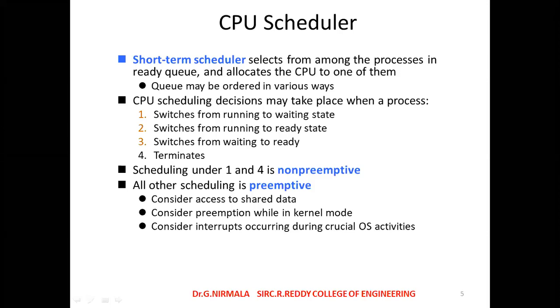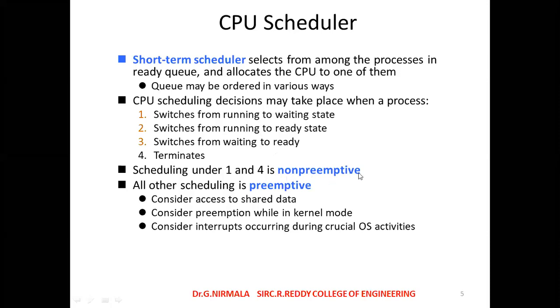Consider this case. 1 and 4 is non-preemptive. Switches from running to waiting. Means in the running state, the process is in execution state, and goes to the waiting state. But after waiting, it will be again moved to the ready state and then continues its execution. The CPU will complete the entire execution.